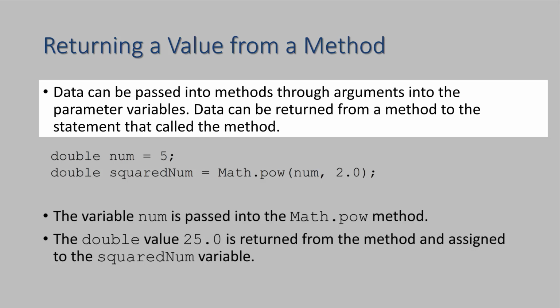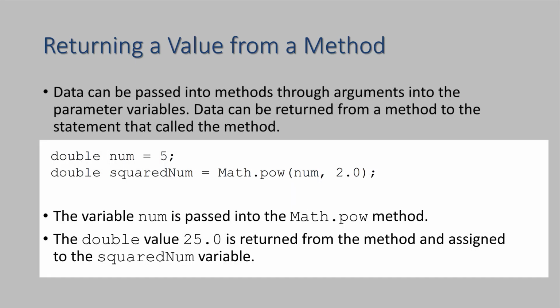Data can be passed into methods through arguments into parameter variables. Data can be returned from a method to the statement that called the method. In the example code, num and 2.0 are passed into Math.pow. This method is defined to return the first argument raised to the second argument power.